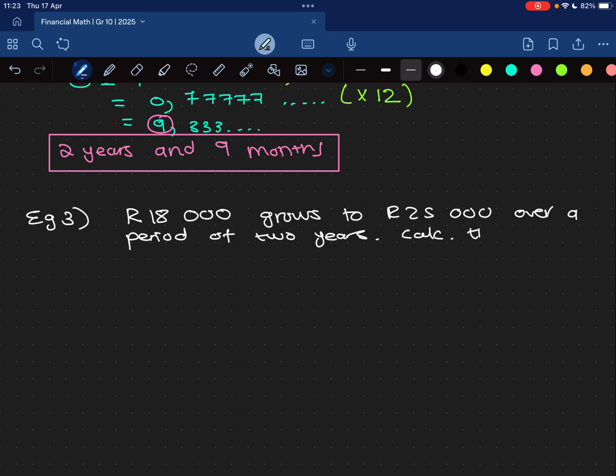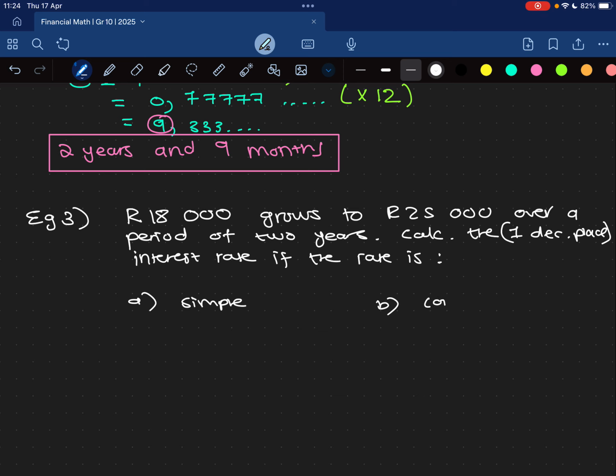Calculate to 1 decimal place the interest rate, not earned, just the interest rate, if the rate is, so let's look at simple, and then let's look at compound.